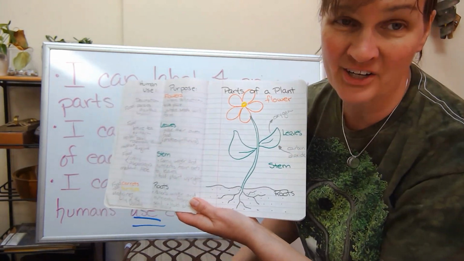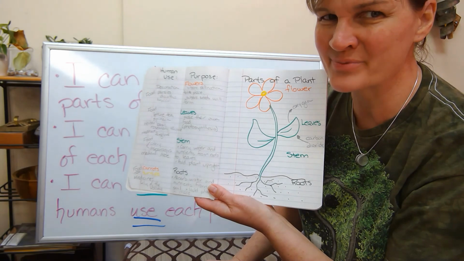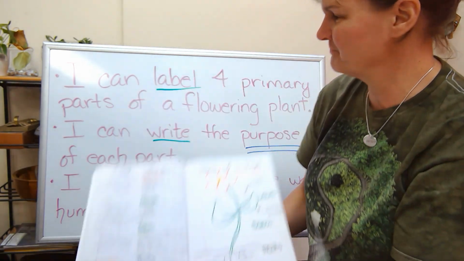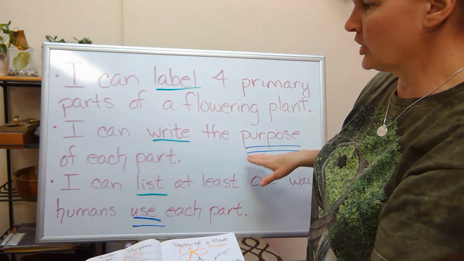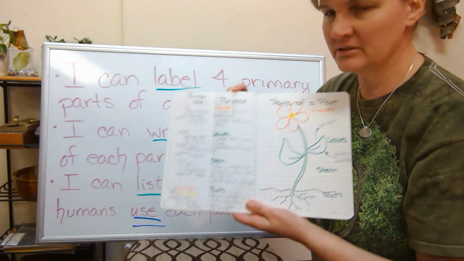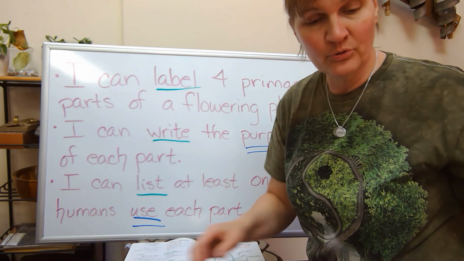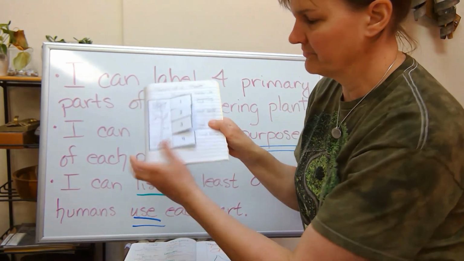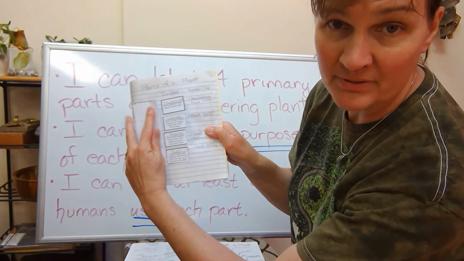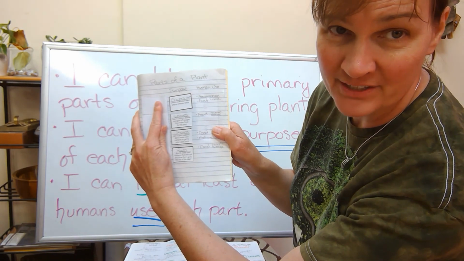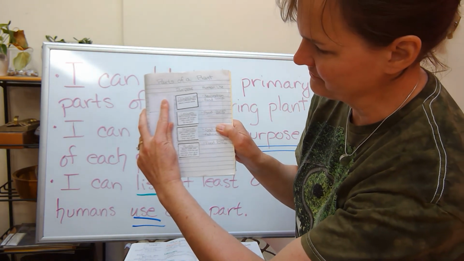Mine's labeled in color. I'd love to see your examples. Share in Flipgrid. I can write the purpose of each part. Did we do that here? Yes, I did. And if you printed it out, I'm hoping you lined them up in the right place here too, and you have the proper answers.